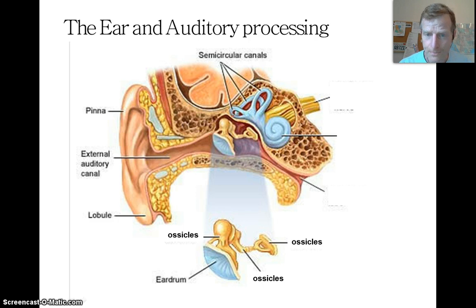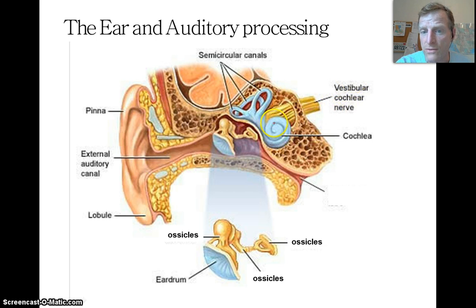whether you're moving or not until that fluid stops moving, and then you can sort of get your bearings and get your balance. But the last important part of the ear is, so the vibration gets transferred into the fluid in here, and then the vibrations travel up this thing. It looks like a shell or a conch, and it's called the cochlea, and it stimulates, depending on the different vibrations, the different frequencies, different sort of tiny little hairs in here, and those hairs are all connected to a specific auditory nerve, which then sends a signal down this, what's called the cochlear nerve.